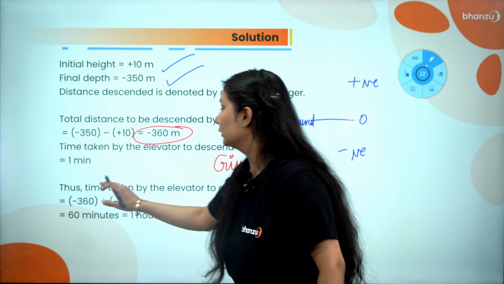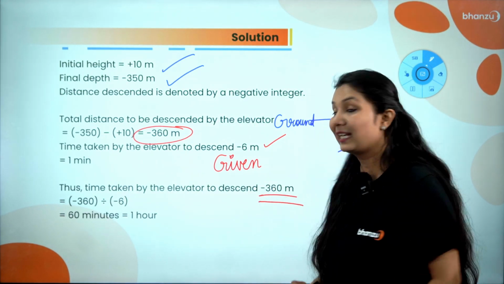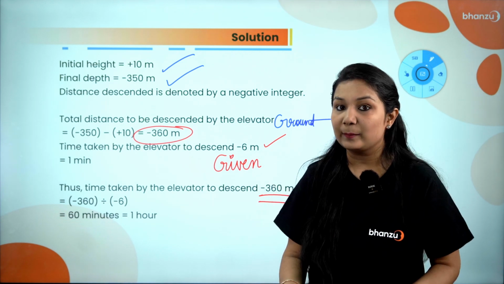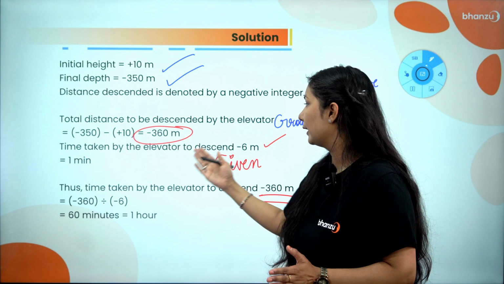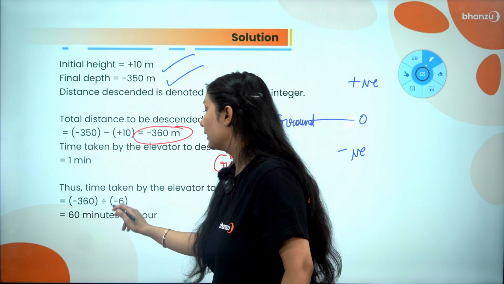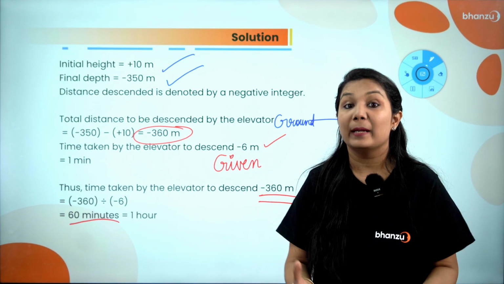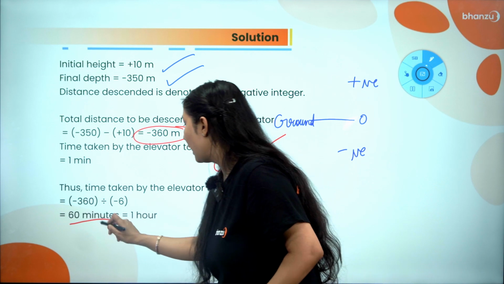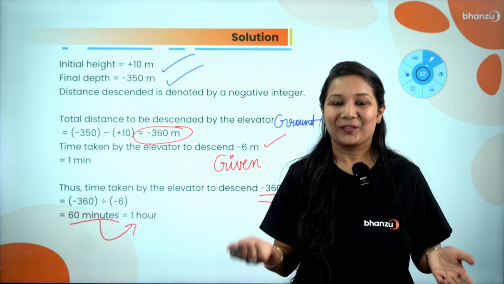Now, what's the total time taken to descend -360 meters? That is -360 divided by -6, which is 60, right? But that's in minutes. You can also convert it into hours. We know 1 hour is equal to 60 minutes.